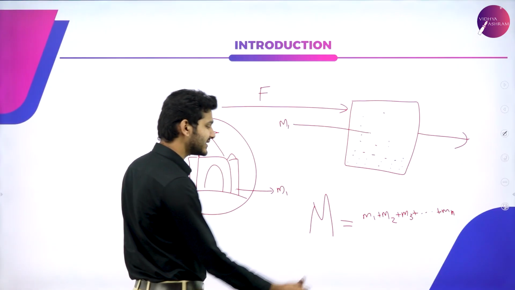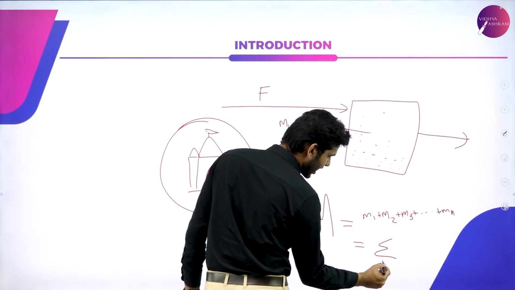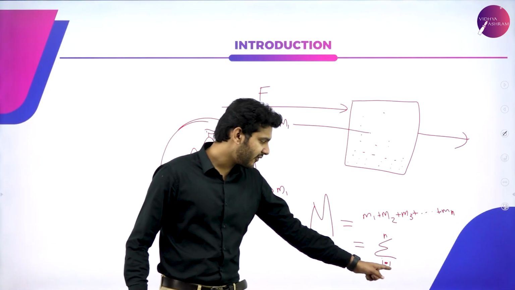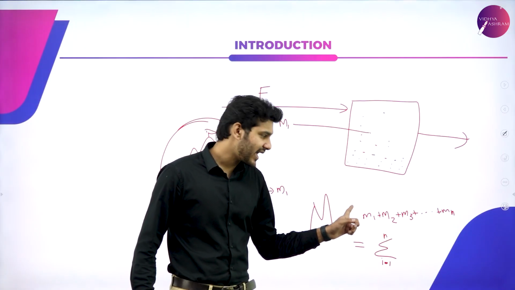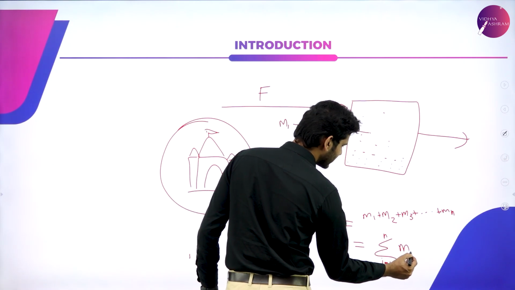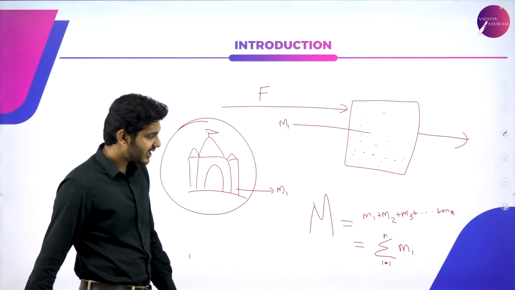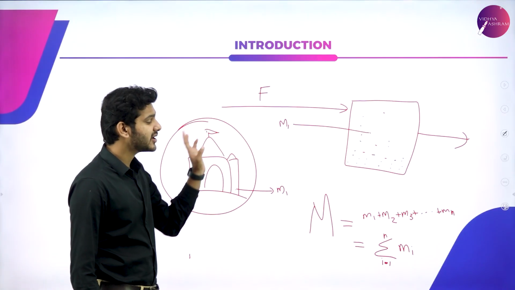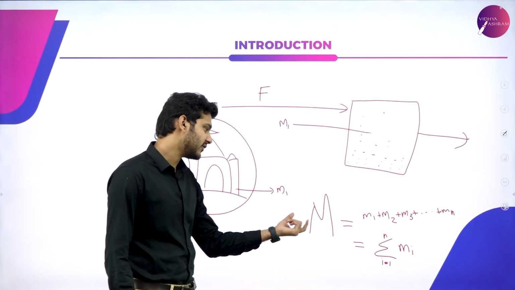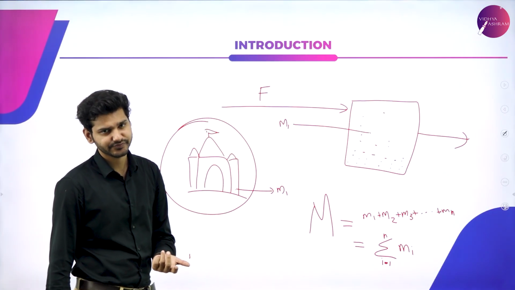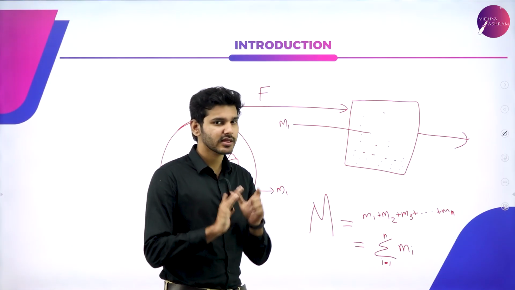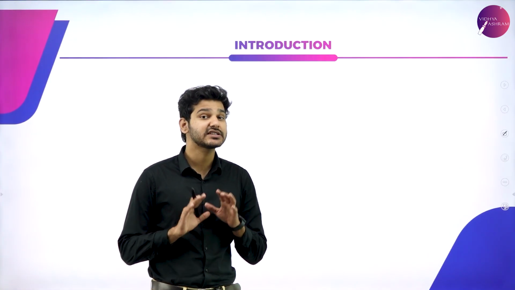So again, we can write this simply as summation over i equal to 1 to n. That is, we are starting from 1 and we are ending at n. So n number of particles are summed together. So generally we can say that it will be equal to mi. So if there are n number of particles, we can sum them all together. Then we can say that the sum of all particles will give you the net mass of that particular system. So again, a system is made up of n number of particles. That is point number 1. So that is about system of particles.